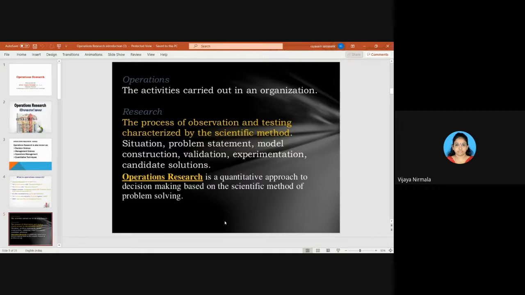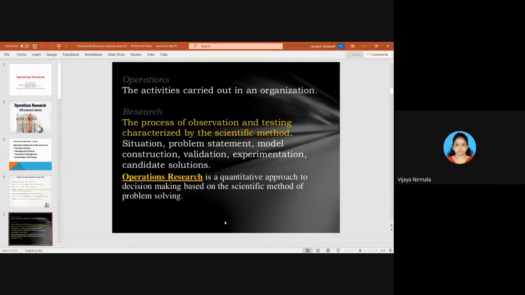operations. What are operations? Already we have discussed that those are the activities carried out in an organization. Whatever activities are carried out in an organization are called operations. Now, what is research?